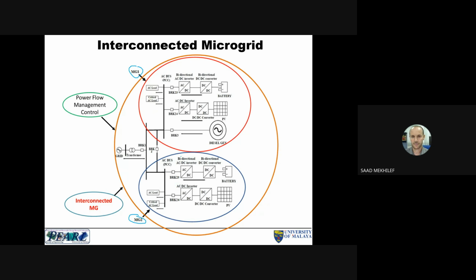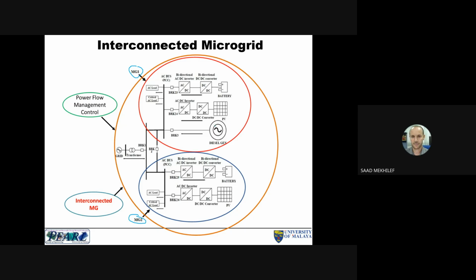You can have 3, 4, 5, 6, 7, 8, as many as you want. You can see here the interconnections. They have the battery connected to this AC bus, and then a PV connected to the AC bus through an inverter, and then another diesel generator.